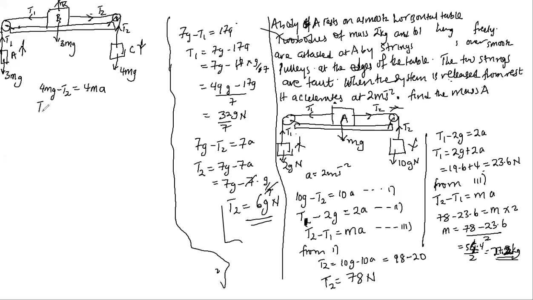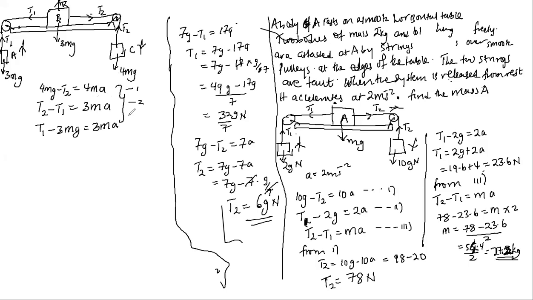So T2 minus T1 on the B mass is equal to 3ma. Then for the 3m, you have T1 minus 3mg is equal to 3ma. And with this, we can solve using the same methods we have been using.